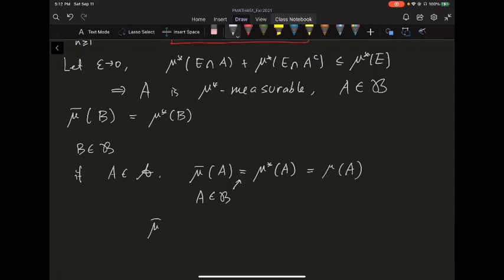In other words, when I restrict mu bar back to this algebra, we actually recover this mu.